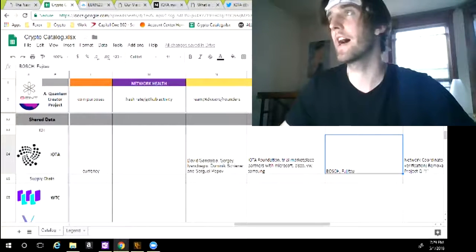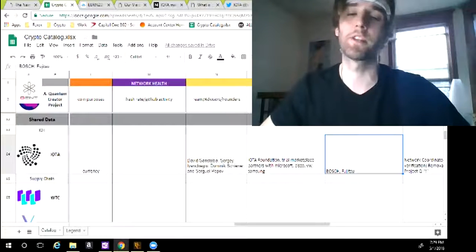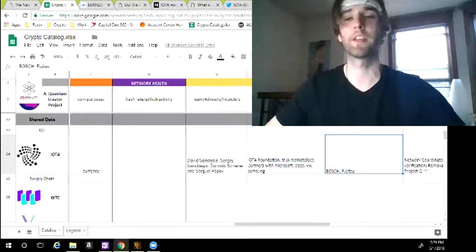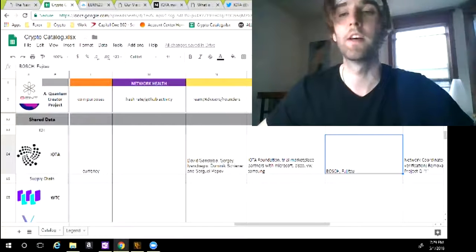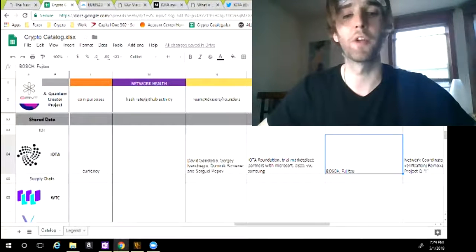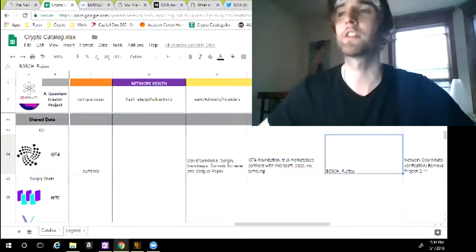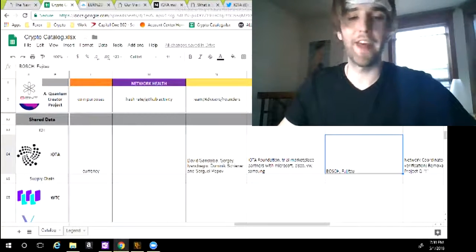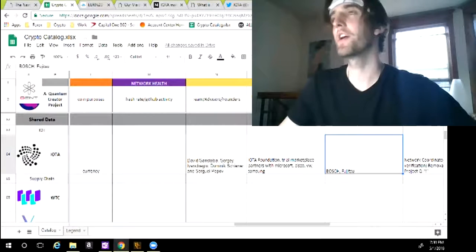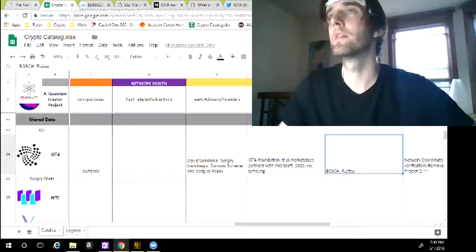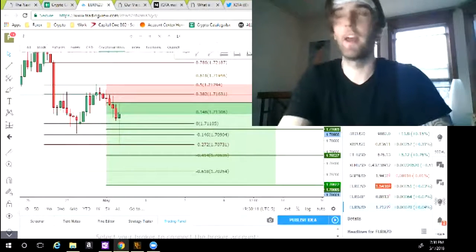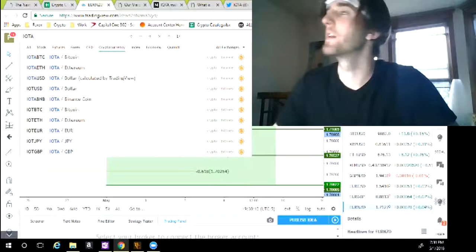That says a lot about this coin, that these big industry giants are already partnered with this project and will be using this software for data transactions, for cryptocurrency transactions in the future. So that is my quick breakdown of Iota. Let's get on a chart here and take a look at the Iota chart.